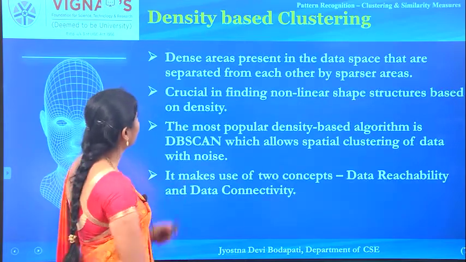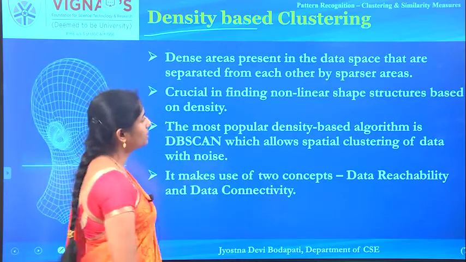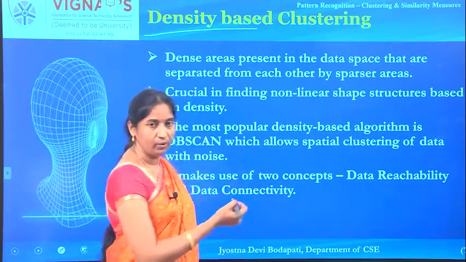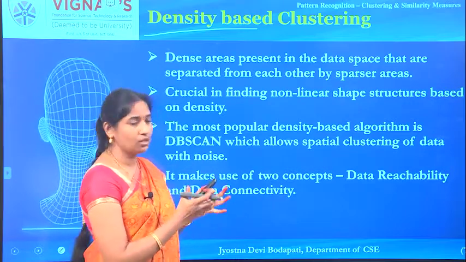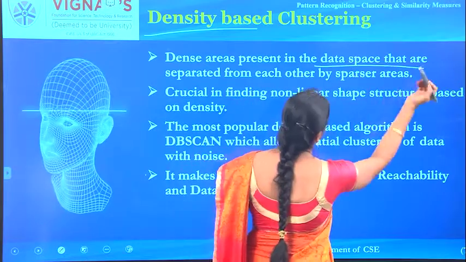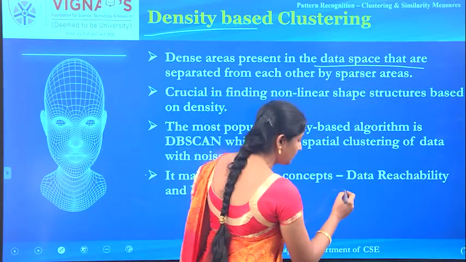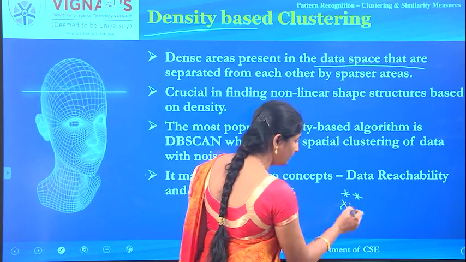There is another type of approach known as the density based clustering approach. In this approach, rather than having clusters in sparse spaces, we believe that wherever the data is dense in that space, it is assumed to have one type of cluster.